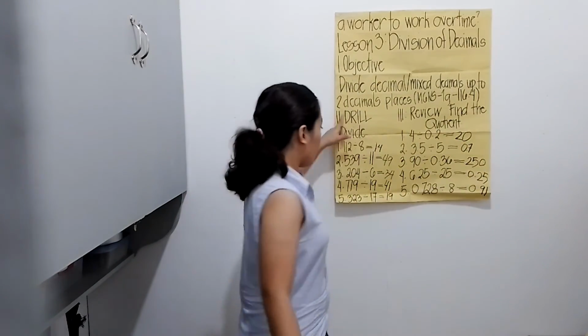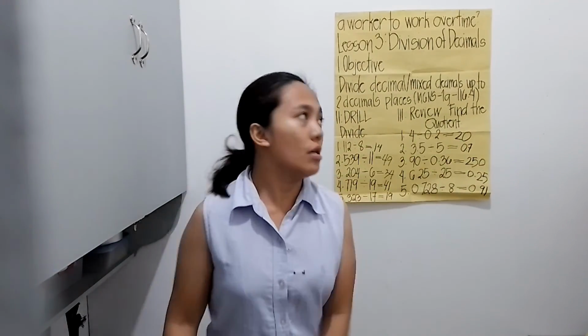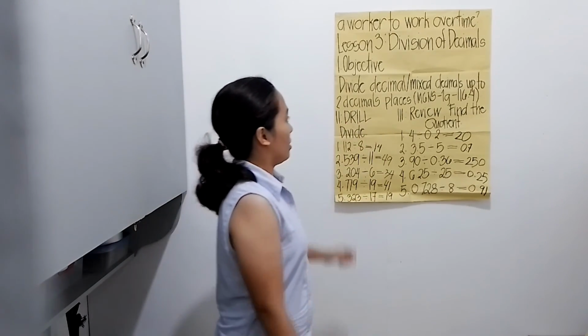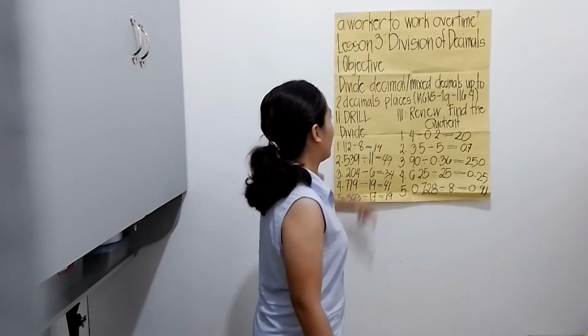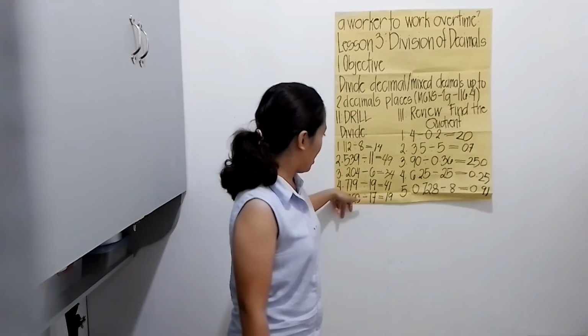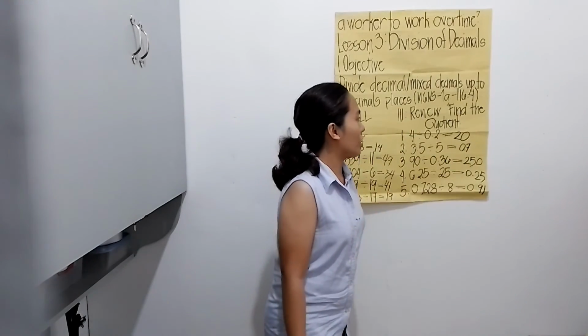Now, all of these answers are correct if this decimal or mixed decimal is divided into two pieces. Now, the drill and the review of the quotient or find the quotient.